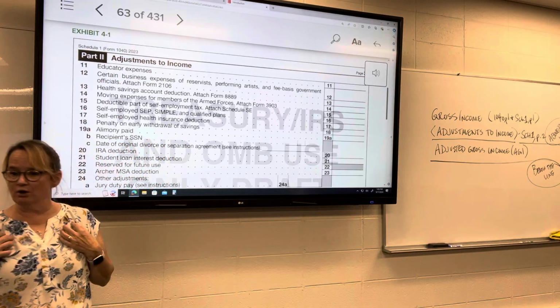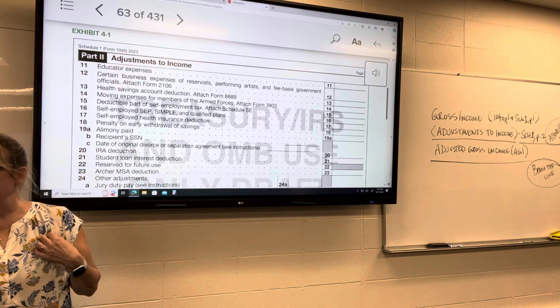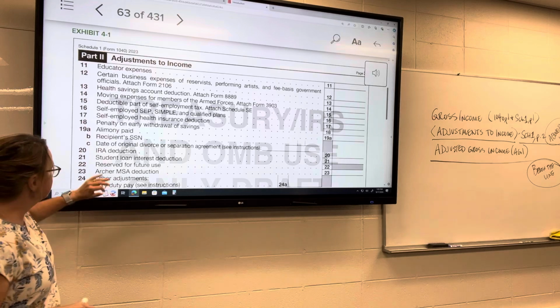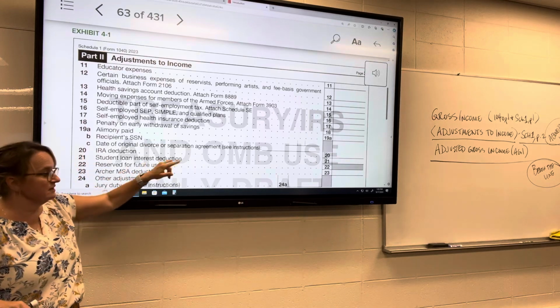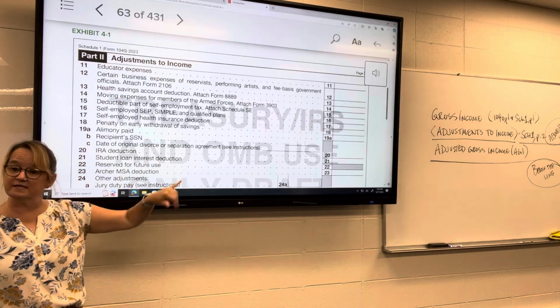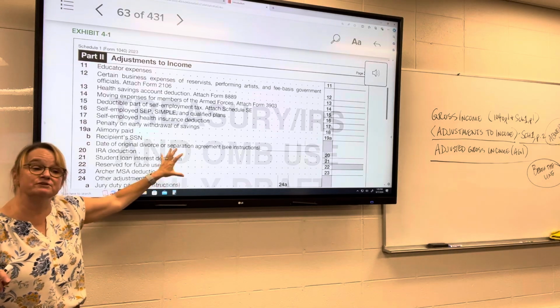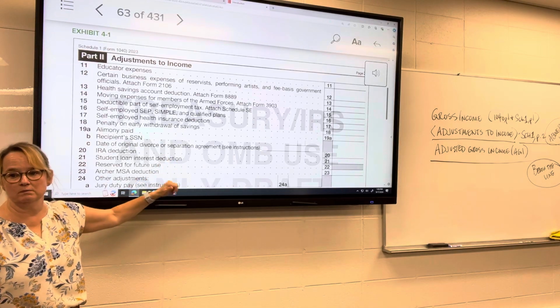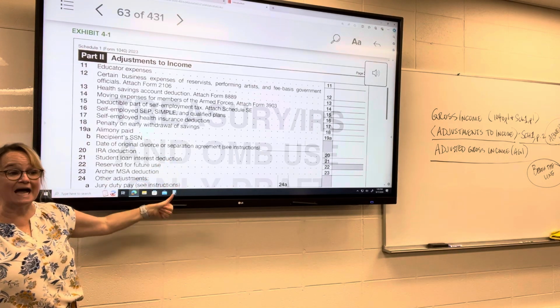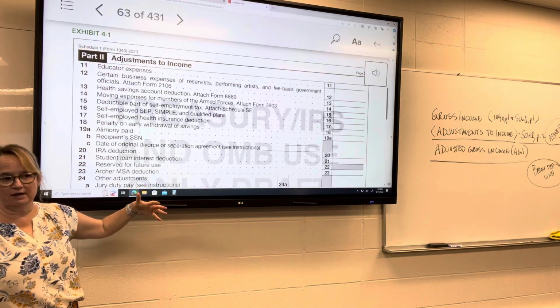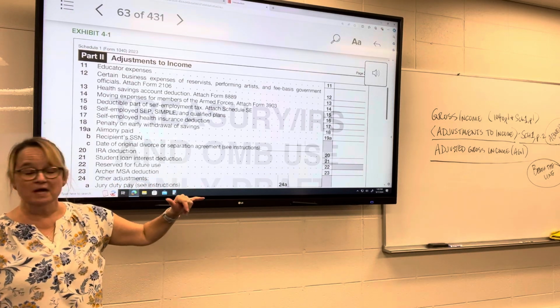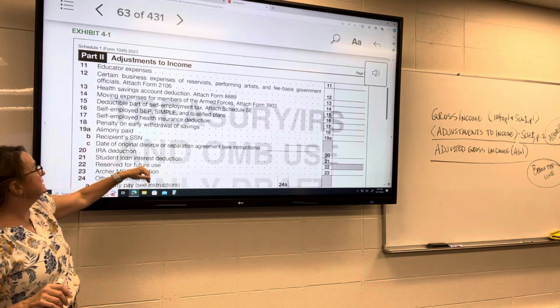It's something that they own. They manage it. They decide what investments are going to go into it. But if they meet certain qualifications, they can get a deduction for that. There are different types of IRAs, though. There are what are called Roth IRAs, which are not deductible, but they have other certain benefits to them. But that's what that IRA deduction is.